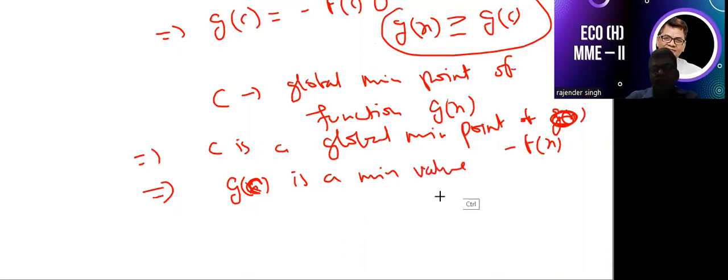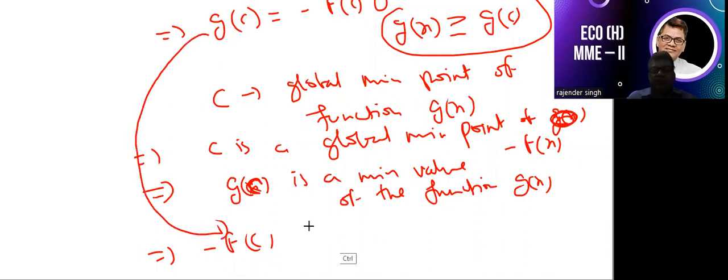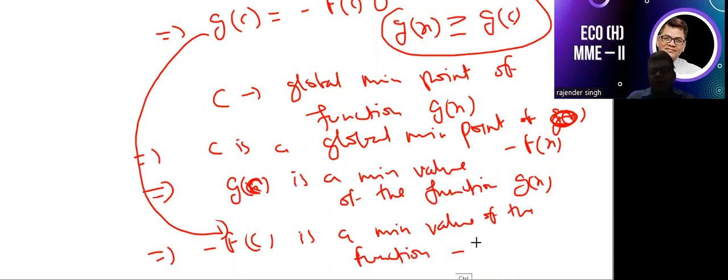The function g of c is the minimum value of the function g of x. So this implies minus f of c, because in place of g of c I can write minus f of c from this equation, right, is a minimum value of the function minus f of x, right?